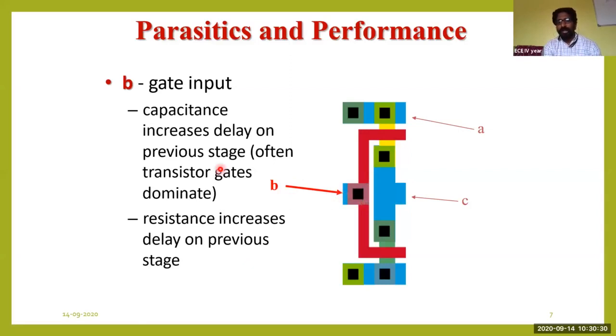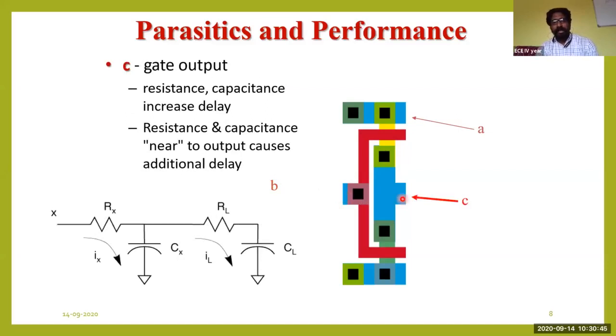That is what is meant here by the previous stage. Previous stage means all the circuits connected from one module to another. So it is very important to look into the concepts of capacitance and resistance at the input part. The next one is capacitance and resistance at the output terminal.